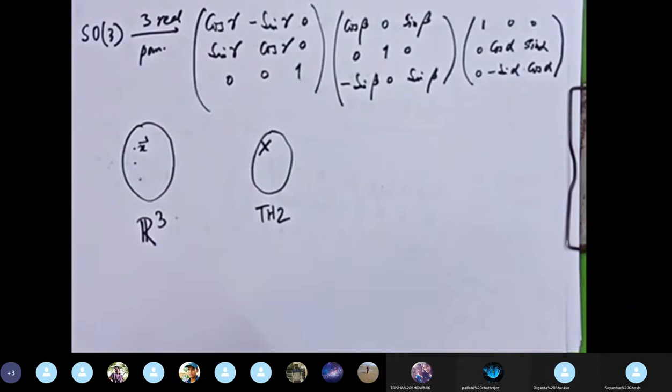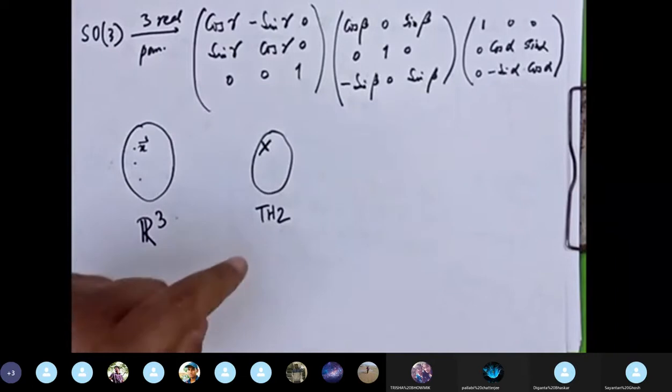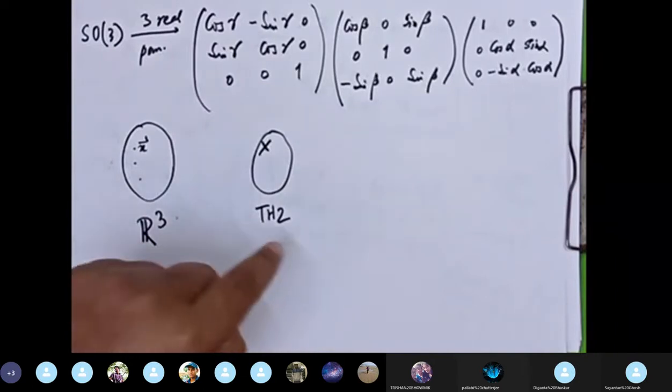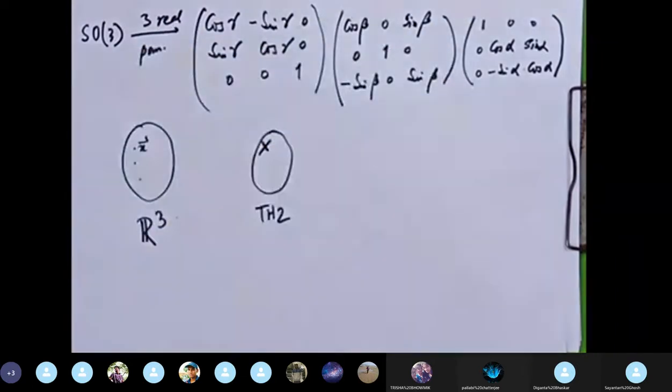I know how to write a U matrix independently of alpha, beta, gamma. But I don't know what the relation is between these three parameters and those three parameters. So I am fixing one particular parameterization, this, or I could have fixed the other way of doing this, would have fixed U in this way and found out the corresponding SO3. Clear?